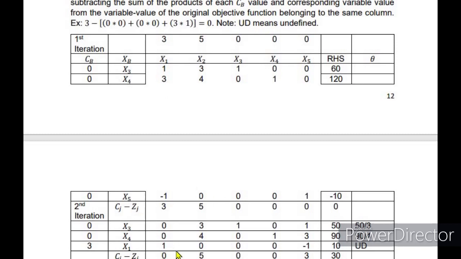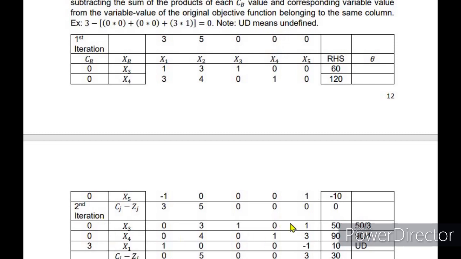Next, 0 multiplied by 3, 0 multiplied by 4, then 3 multiplied by 0. So we just copy paste 5, because they are all 0. Next, 0 multiplied by 1, 0 multiplied by 0, 3 multiplied by 0. So we just copy paste 0. And 0 multiplied by 0, 0 multiplied by 1, 3 multiplied by 0, just copy paste 0.